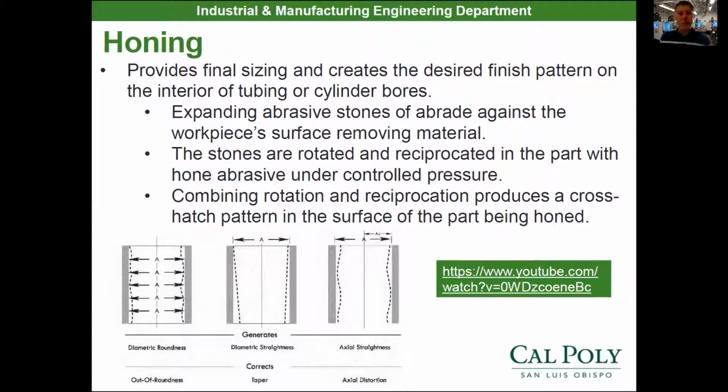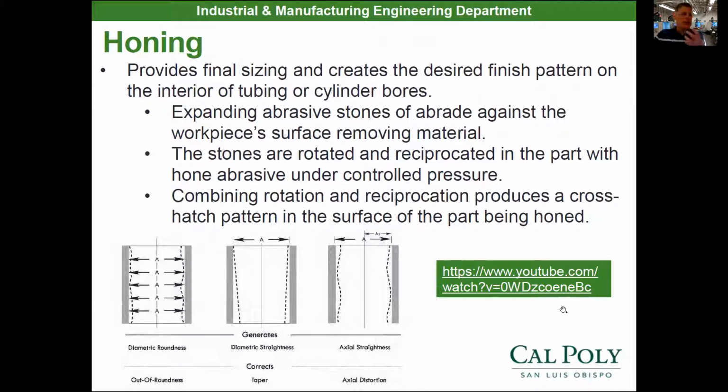So when you have a hydraulic cylinder that's moving back and forth and has to keep pressure in there, you want good cylindricity. When you have an automobile piston traveling in a cylinder, you want good cylindricity. You don't want it to get less and more compression as it goes up and down because you don't have a perfect cylinder there. So you hone cylinder bores a lot of the time, or interior tubes.